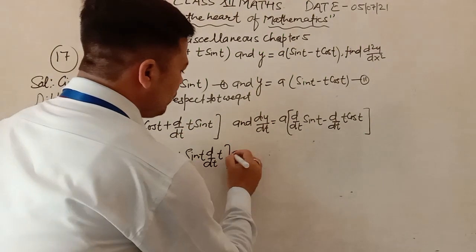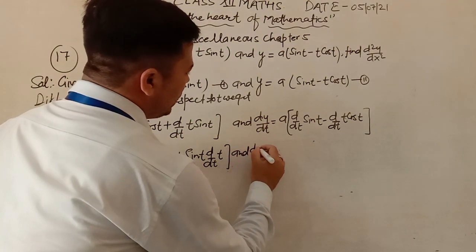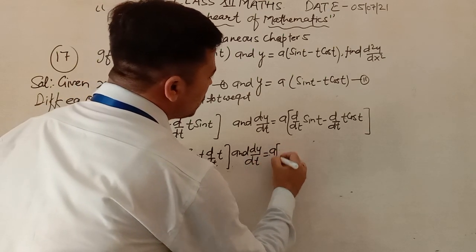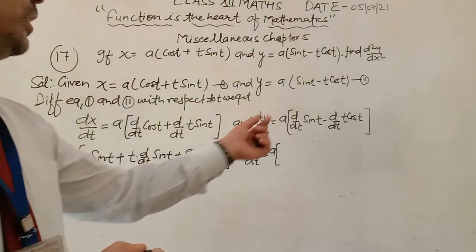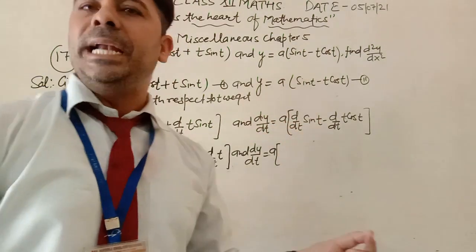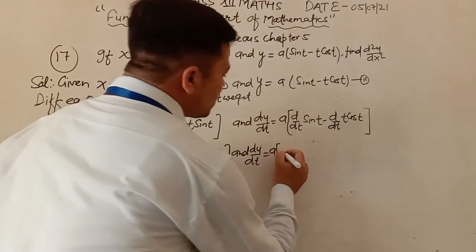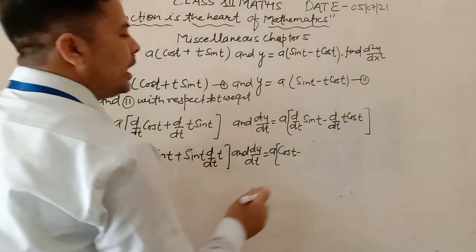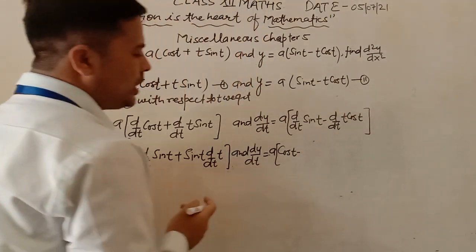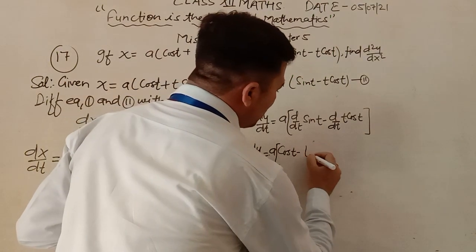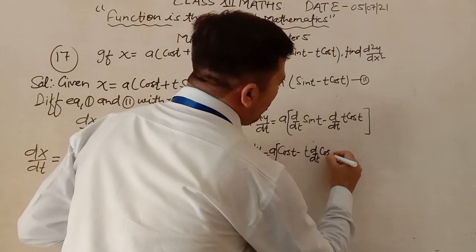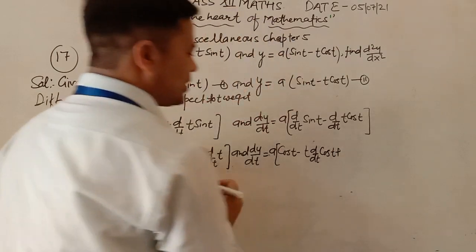Similarly, dy upon dt is equal to a, d by dt of sin t gives you cos t, minus d by dt of t cos t, which gives first function into d by dt of second plus second function into d by dt of first.